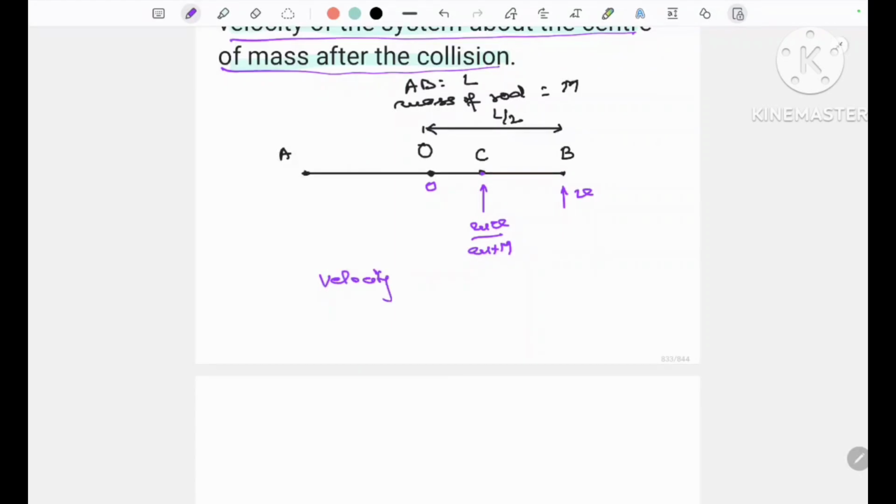Velocity of particle with respect to center of mass C is v minus mv upon (m plus M), or Mv upon (m plus M).